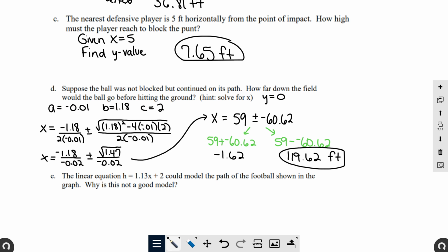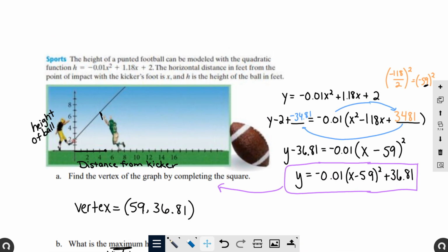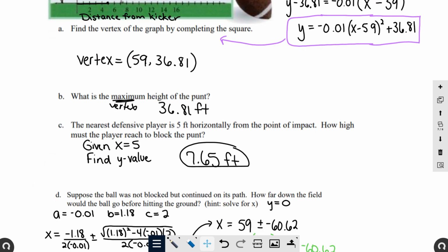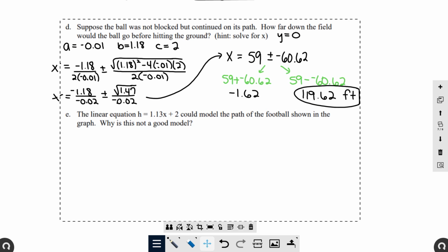Okay. The last question says that the linear equation h equals 1.13x plus 2 could model the path of the football shown in the graph. So if I were to look at the graph, that linear equation models this part right here that the ball is being kicked. Is that a good model? Or why is this not a good model?